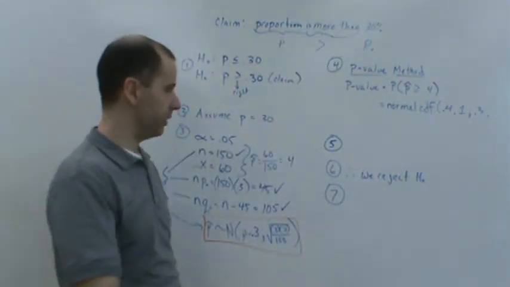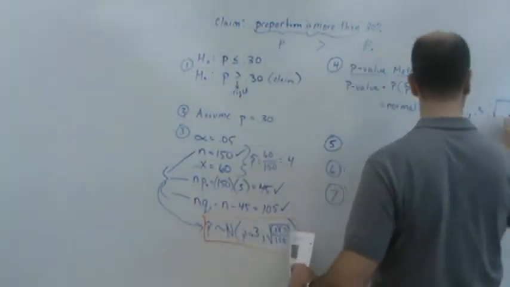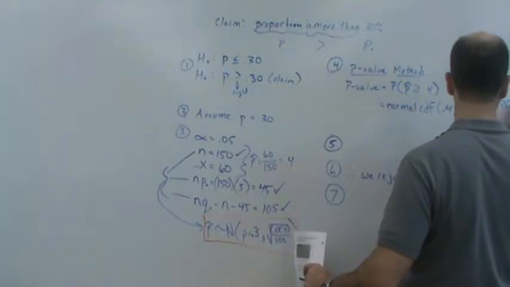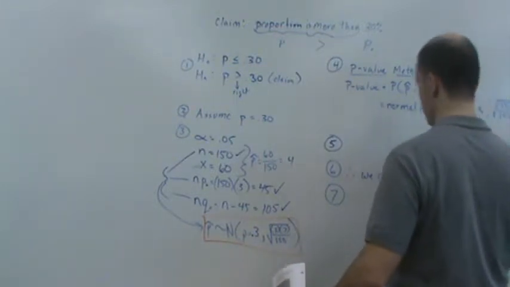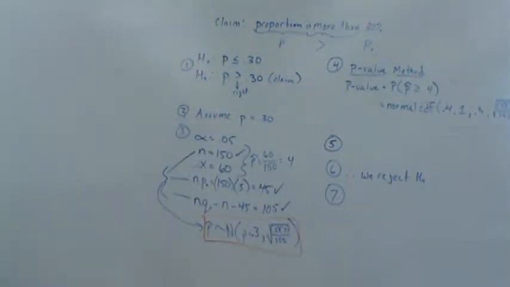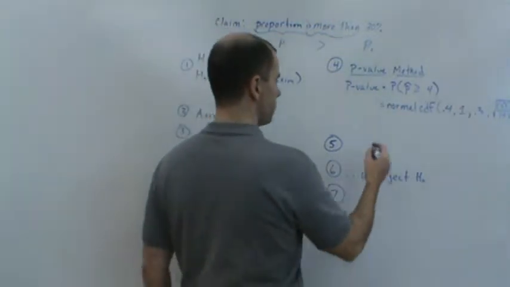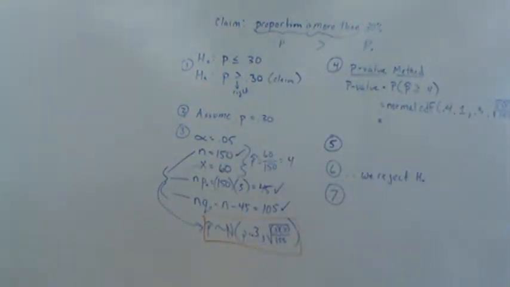I'm going to put in the square root of 0.3 times 0.7 divided by 150. And so that's what we're going to end up having. And so what do we get for our p-value? Well, let's check the calculator.